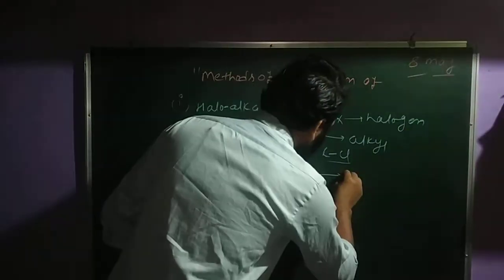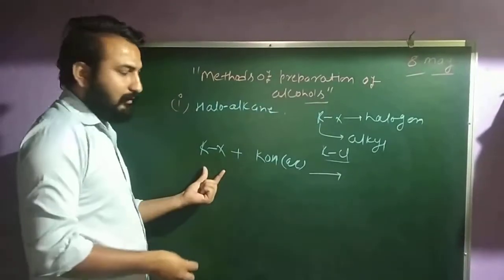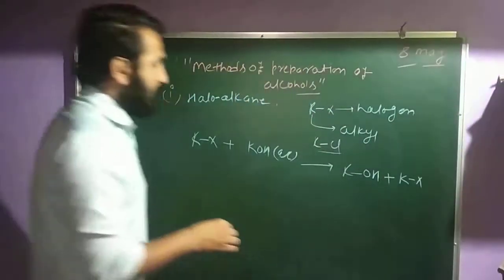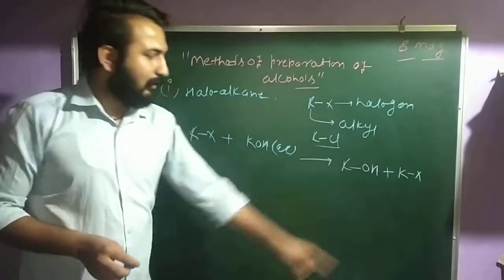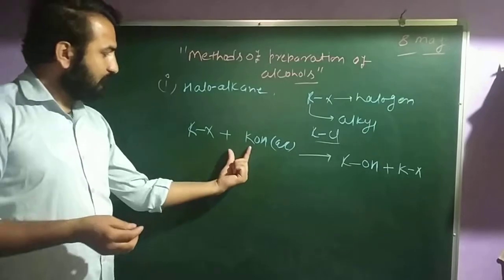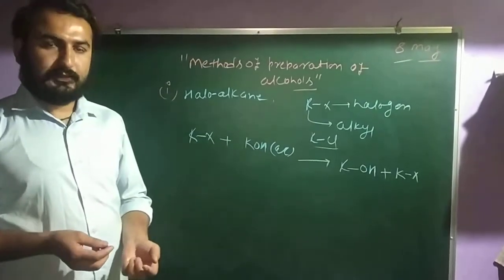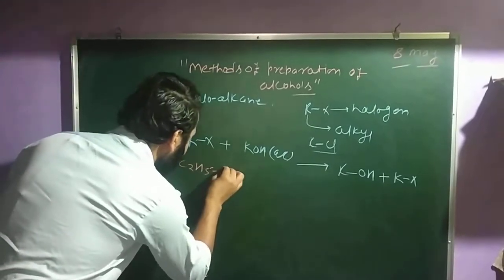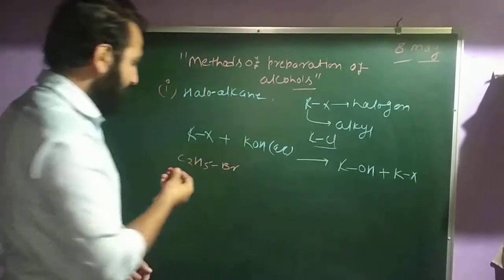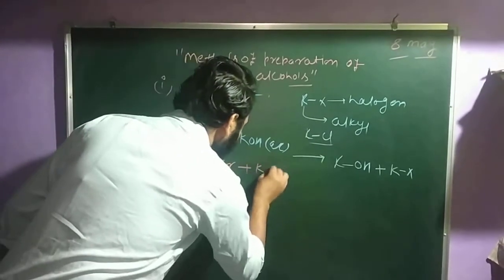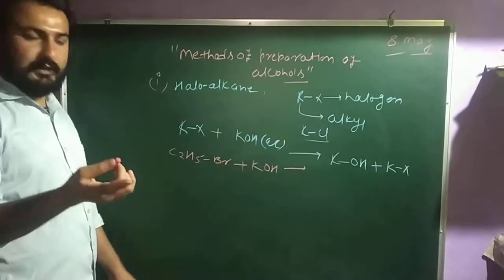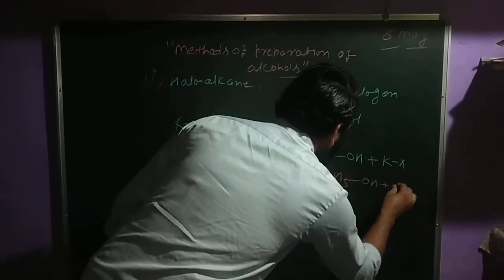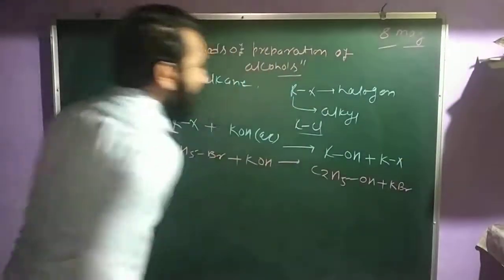So it is very necessary, very compulsory, to write the form you are using, the aqueous or the alcoholic, because alcoholic KOH gives another product with the haloalkanes. Clear? So this will form ROH plus KX. ROH is alcohol and KX is K plus any halogen. Clear? For example, you have C2H5Br plus aqueous KOH, giving C2H5OH plus KBr.